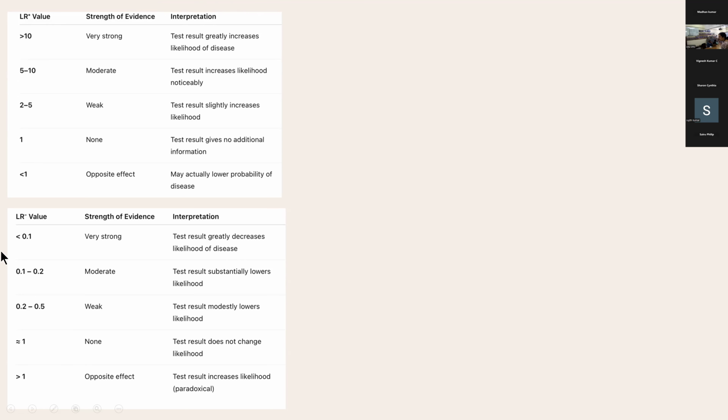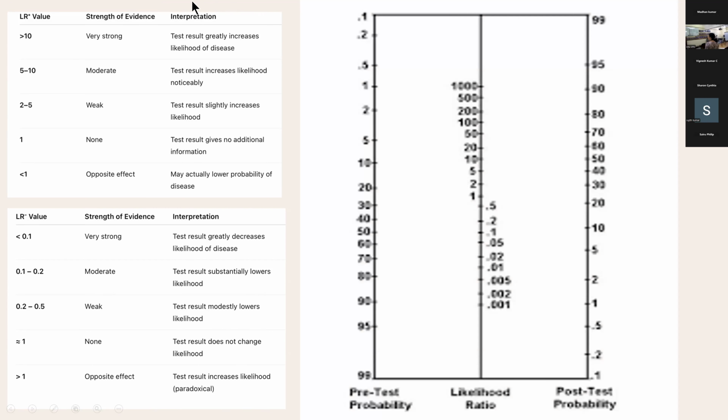When it comes to your negative likelihood ratio, 0.5 to 0.2 is weak; the test result only modestly lowers the likelihood. So we'll apply this to the Fagan's nomogram, which we had discussed last week. This is your Fagan's nomogram. We all said around 50 to 60, correct? That's what we said for case 2.